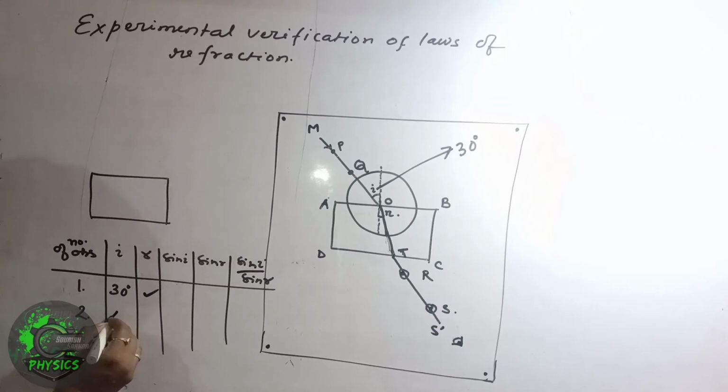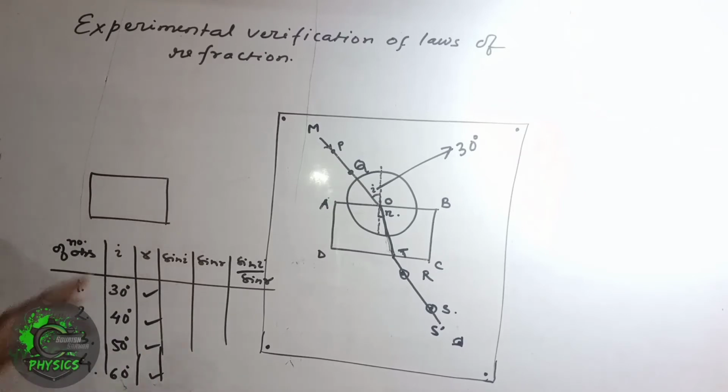Second set, suppose you are trying it with 40 degrees, corresponding value of R you write here. Third angle, suppose you are doing with 50 degrees and then it is with 60 degrees. So for 4 sets of I, you are getting 4 sets of R.